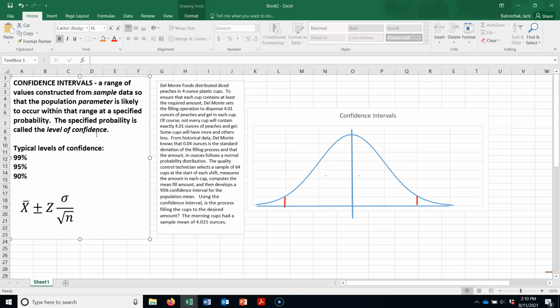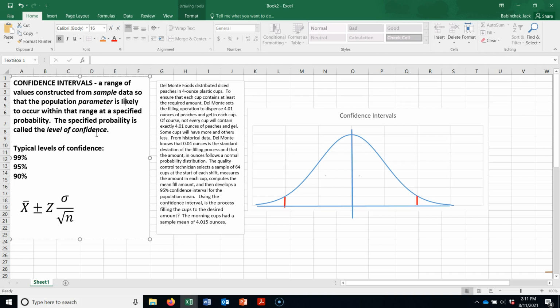And we'll get to an example of what exactly we're trying to do. We're taking sample data, and from that sample data, we're trying to determine a population parameter within a certain range.